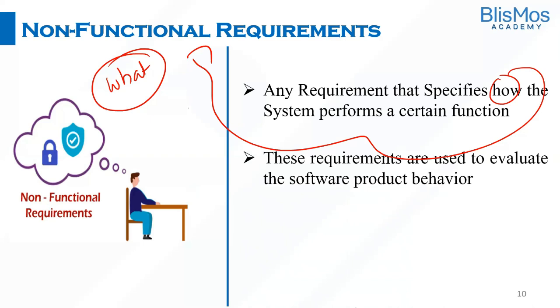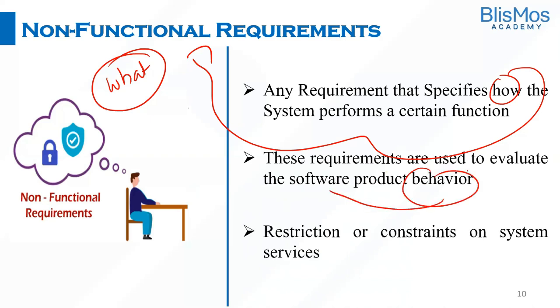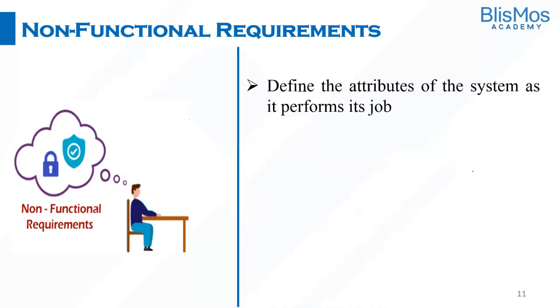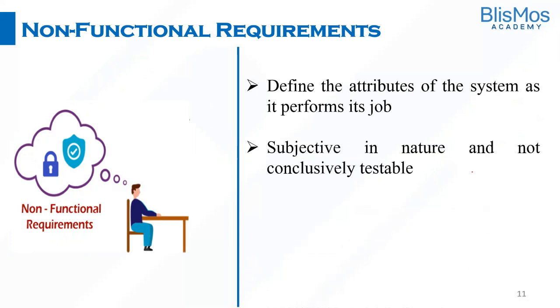So in a way, these non-functional requirements would evaluate the behavior of a software application and they specify what are the constraints on a system's services. It can be performance, security, accessibility. They do define the attributes of the system as a system performs its job.